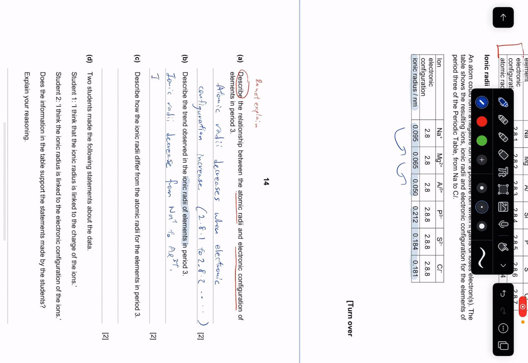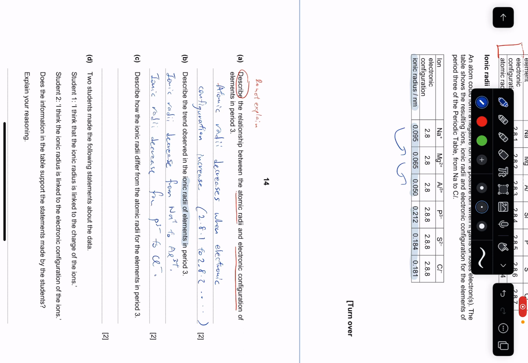So we also tell them the ionic radius decreases from P3 minus to Cl minus. That's it. It's describing what we see. So actually, it's not that tough. It's just, I'm supposed to read what is given, pick out the relevant data, and just write it out.